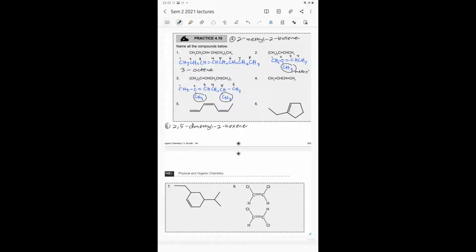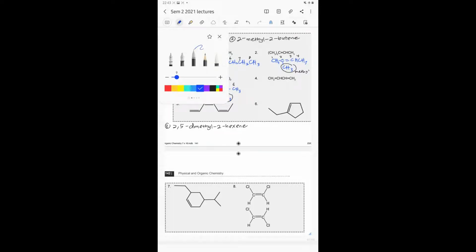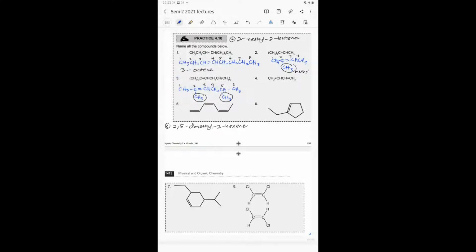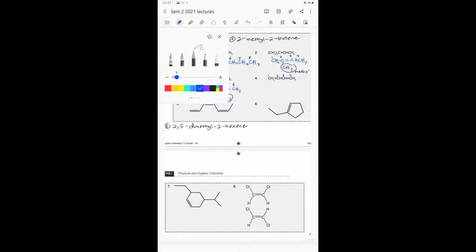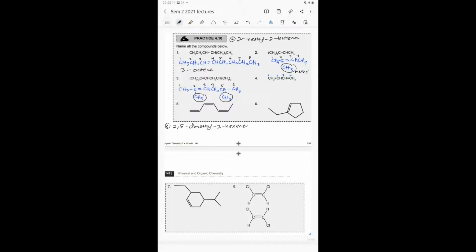Next, question 4. No need to expand this structure anymore because it is a straight chain. We give numbers 1, 2, 3, 4. So what is the name? Right here we have 2 double bonds, therefore the name will be diene.